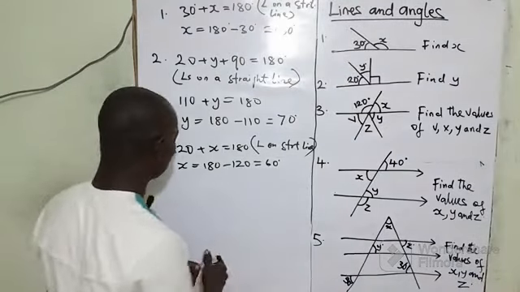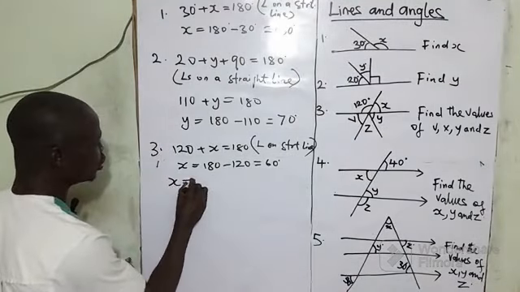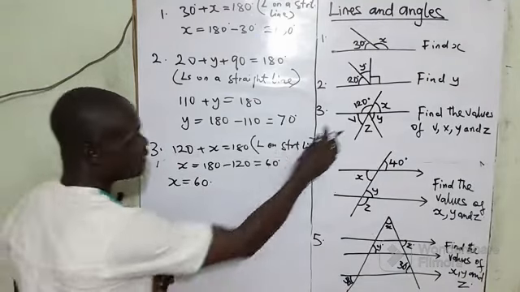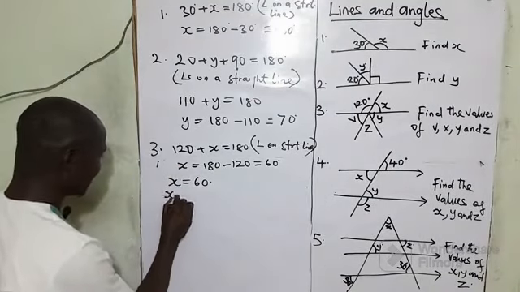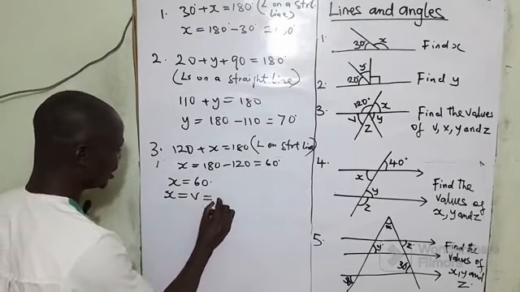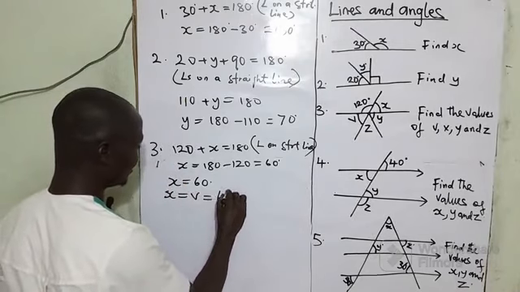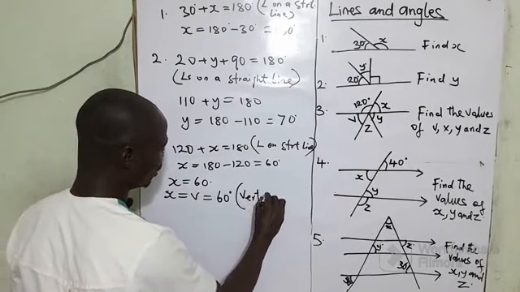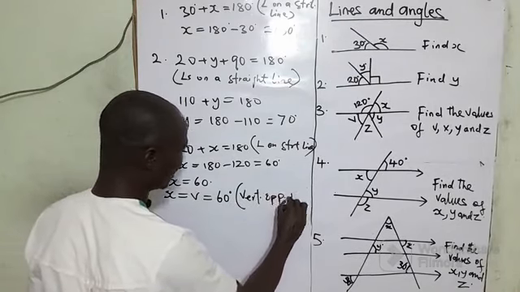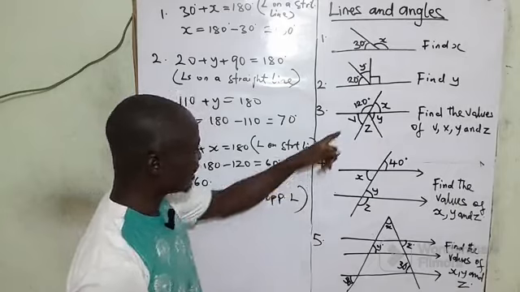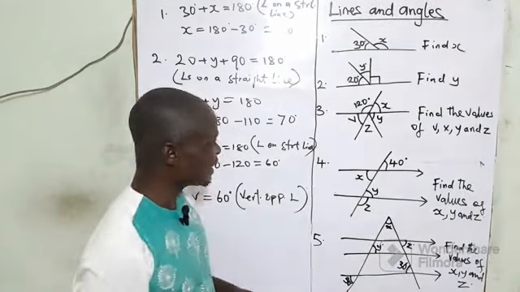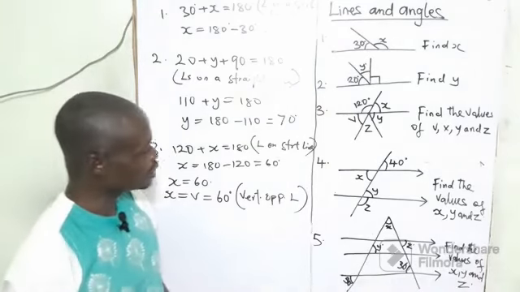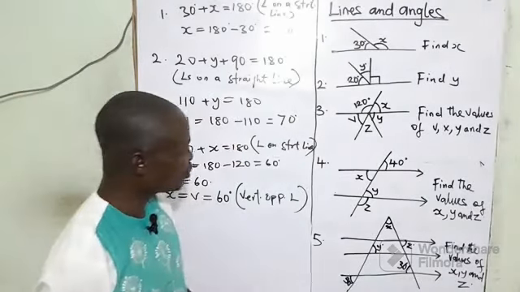Since x is equal to 60 degrees, we now have here that x is equal to v, which is equal to 60 degrees. And the reason is vertically opposite angles. So v is equal to x, and they are vertically opposite angles. Okay, so that is how we can solve that.